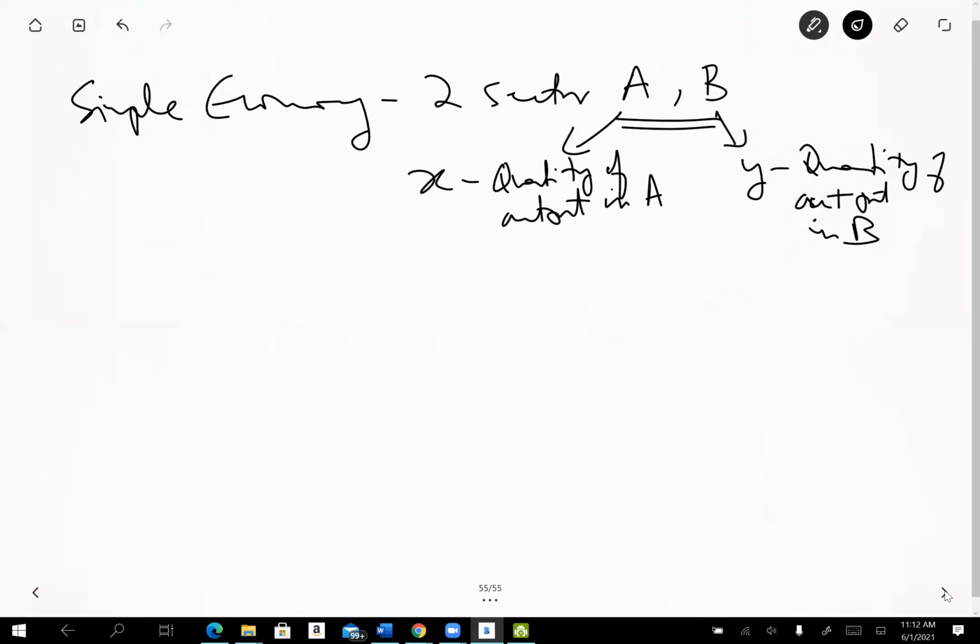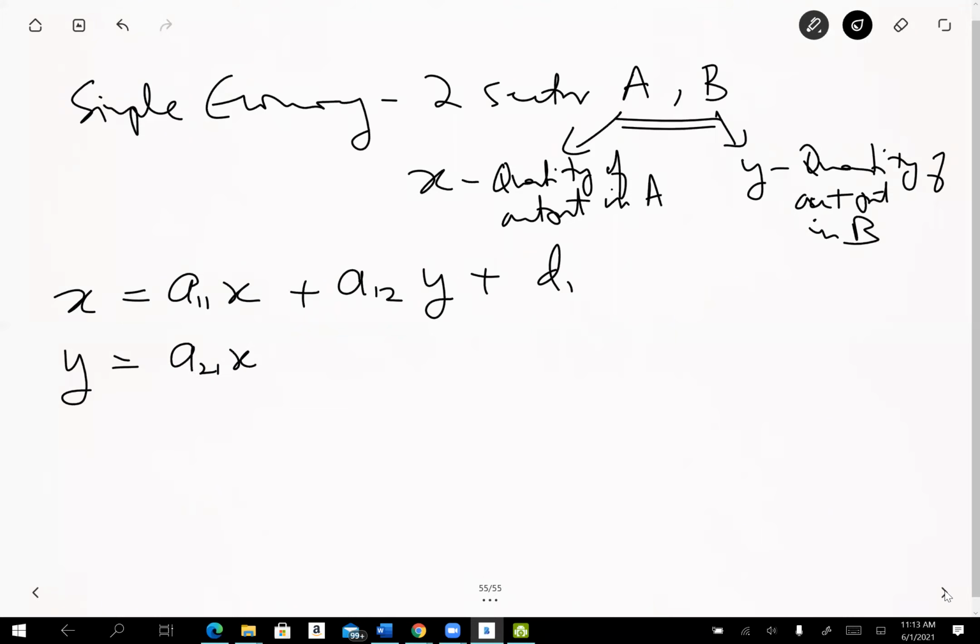So formally it will be: X equal to A11 X plus A12 Y plus D1. And then Y equal to A21 X plus A22 Y plus D2.